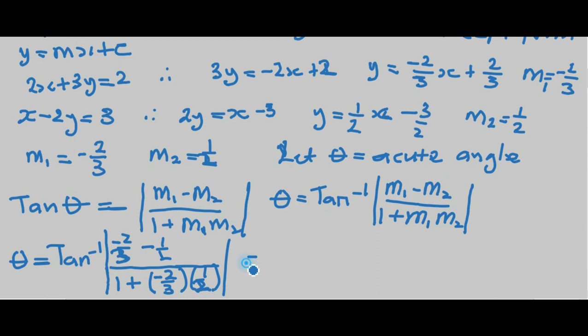So this will give us the LCM of the numerator, 6: minus 4 minus 3 over 6, over 1 minus 1 over 3.